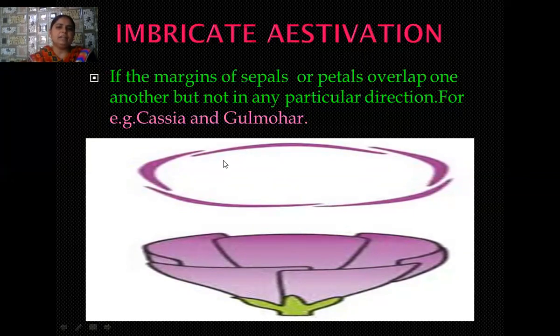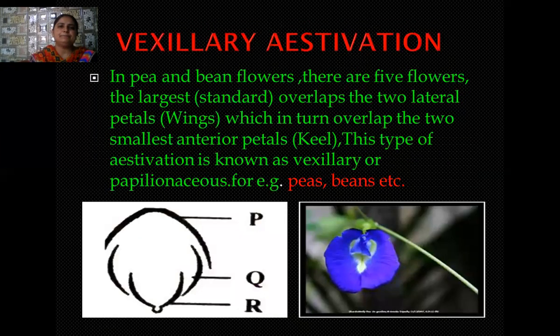Similarly, the other one, the 5th one, has both edges inside. In the 4th one, both the edges are outside, and the other 3 have one edge or margin inside and one outside. So in this way there is overlapping, but not in a particular direction. The example is Acacia fistula and Gulmohar.